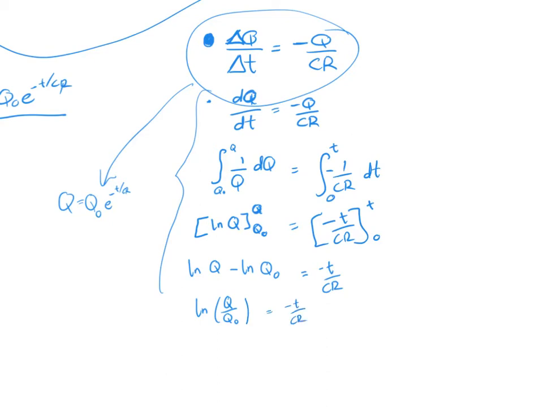The next step is to raise this to the e power, so e and ln actually cancel out, so it will be q over q naught. I will explain that once again, like I said before, and e to the minus t over CR. So from there, you just simply rearrange and you come to the equation that we need to know.